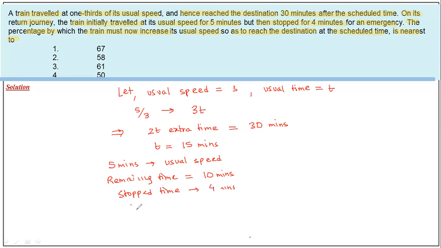So therefore, time left to cover the remaining distance would be 10 minus 4, that is equal to 6 minutes.